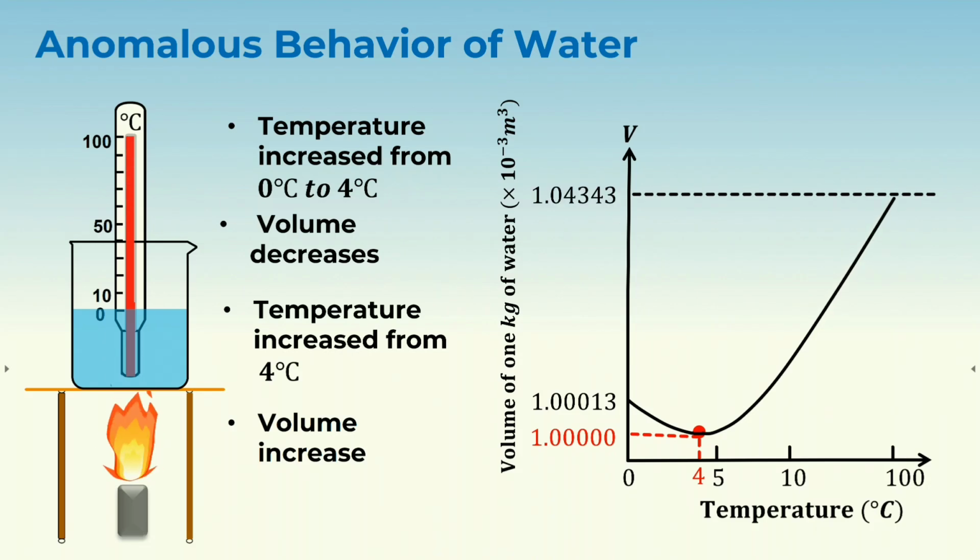Are you getting my point? I will repeat this. All the liquids, if the temperature was increasing, its volume was increasing, except one liquid. Which liquid? Water, the most abundant liquid. And that liquid, its volume started to reduce with increasing temperature from only 0 degree to 4 degree, and beyond 4 degree, it once again started to increase.